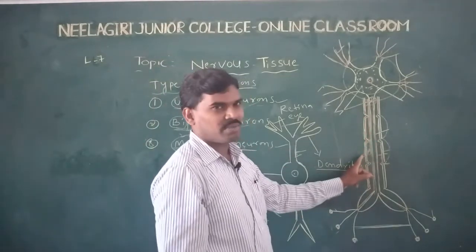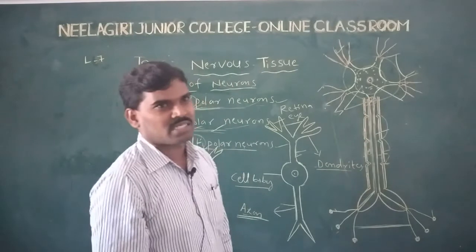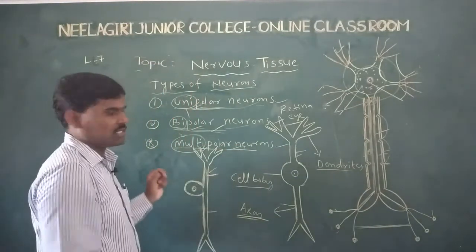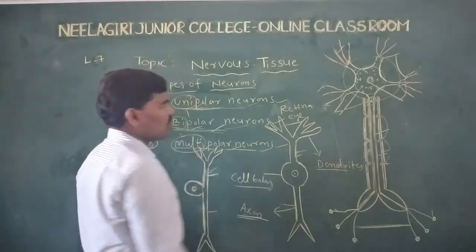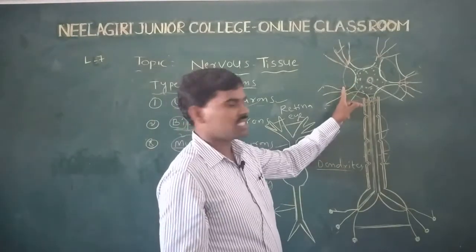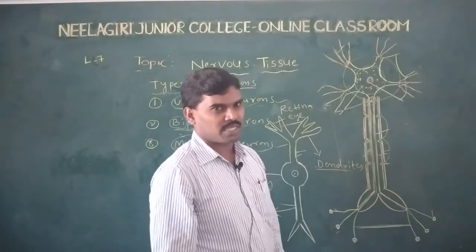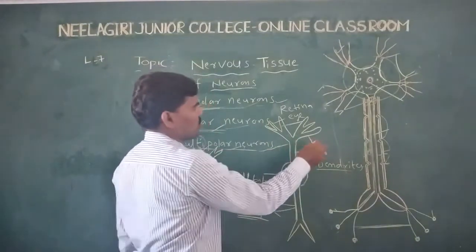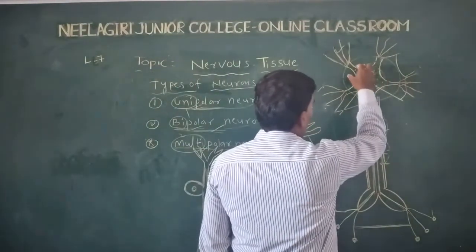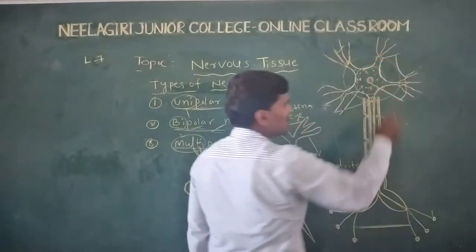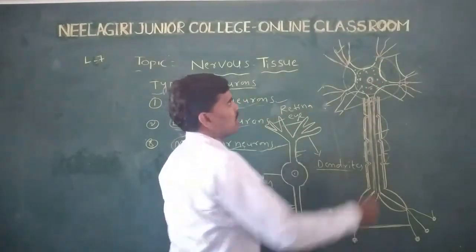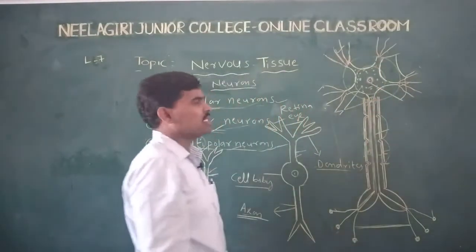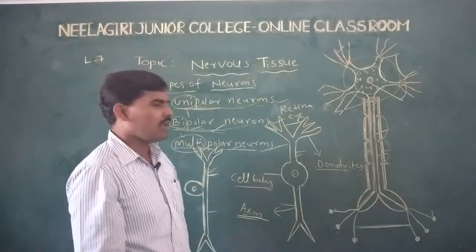The two or more dendrites arise from the cell body or soma, and the axon also arises from the cell body or soma.